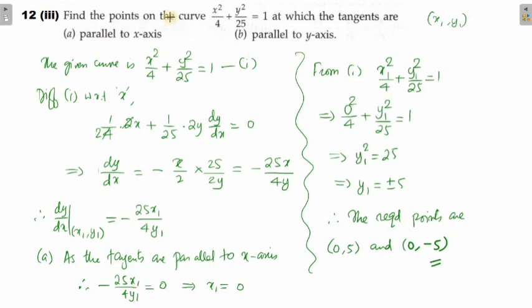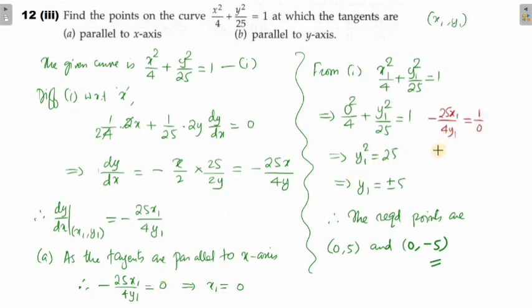Now for the second case, you will do it by yourself. I'll just say one thing. The slope of a line parallel to the y-axis will always be infinity. Now in the infinity case, your slope minus 25 x1 by 4 y1 is going to be infinity. In place of infinity, you can write 1 by 0.